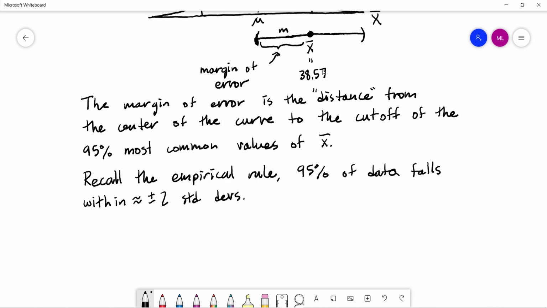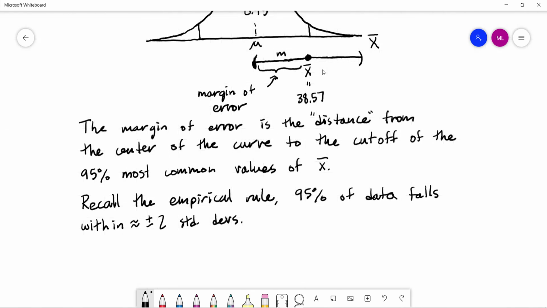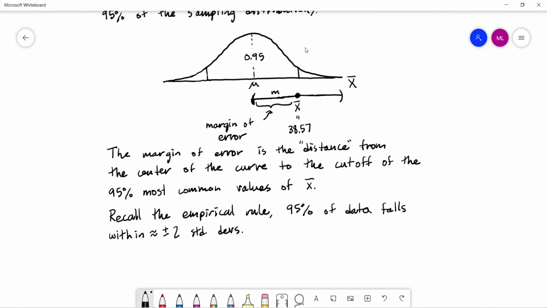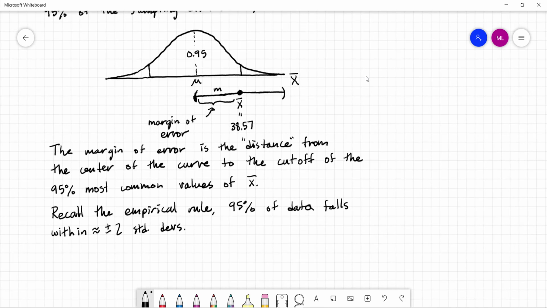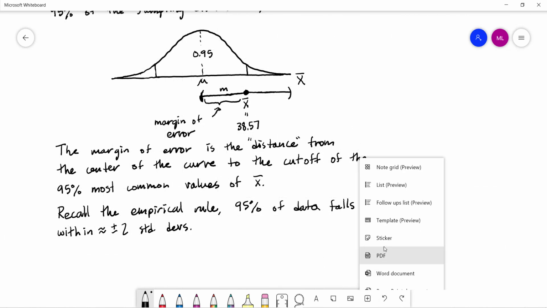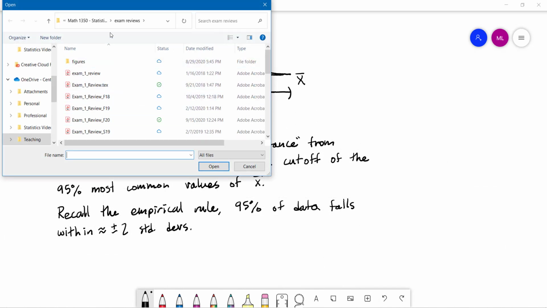In fact, we'll see in a minute that it's not going to be exactly 2. So, how do we figure out exactly what that distance is? Well, the easiest way to do it is using our old tables. So let me open and add a table in here. See if I can find the table that I'm looking for.